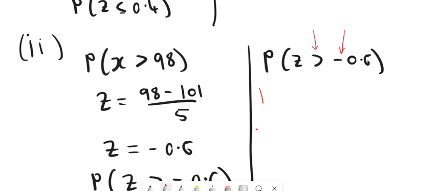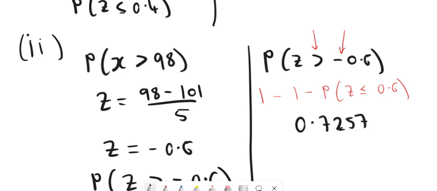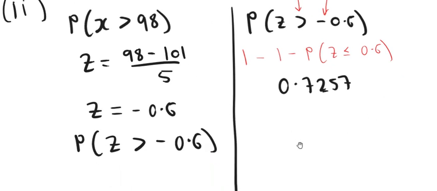Therefore, for this one, you'll be doing 1 minus 1 minus the probability that z is less than 0.6. So the 1 minus 1 minus will just cancel out. So it'll give us 0.7257 in the end, whichever way you do it. Well, you just have to look up 0.6 in the z-score tables.